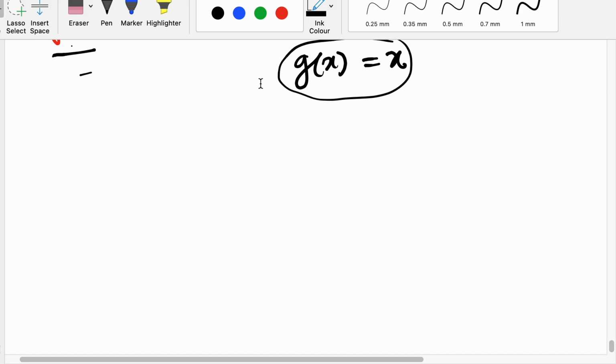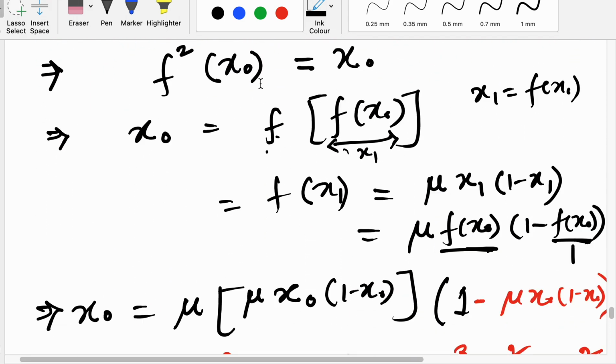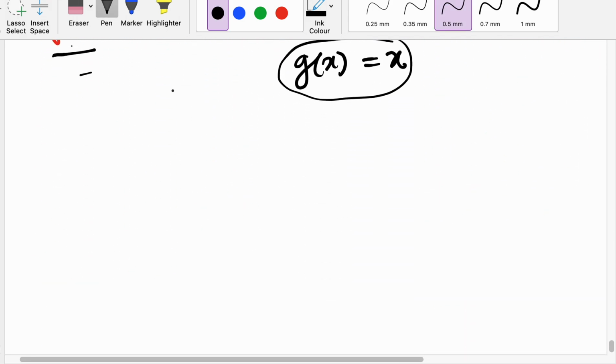And now another thing is what will be the fixed points of this map. For these reasons we want to know the fixed points. Now we know that to find fixed points we have to solve an equation.